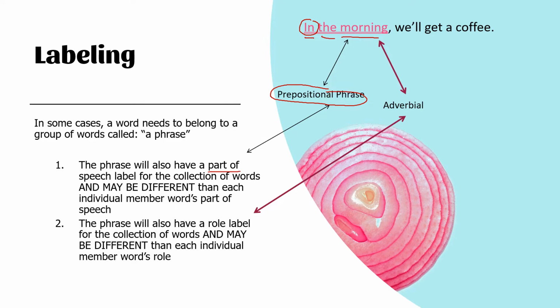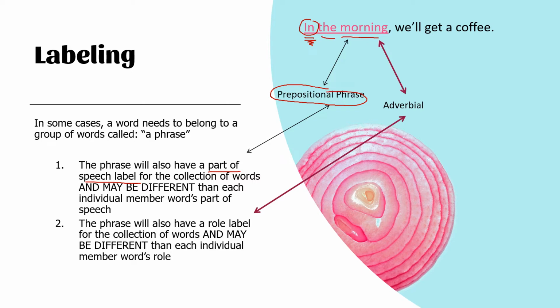Part of speech labels for phrases do not always lean on what that first word in the phrase is, but often that's the case. But you will see as we go through the different types of phrases and their labels will depend more on the weight of a particular part of speech in the phrase.